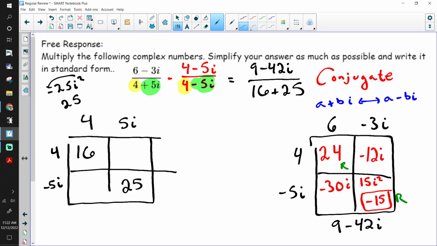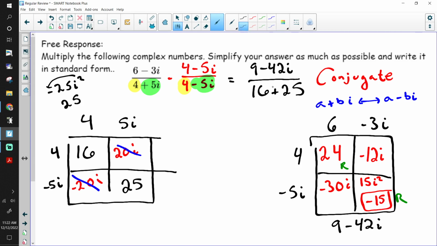Now these two boxes, you'll see I have 4 times 5i is 20i. And 4 times negative 5i is negative 20i. Now you'll see that these boxes are just canceling each other out. So that's why we get to take that shortcut where we just do 4 times 4 and negative 5i times positive 5i.